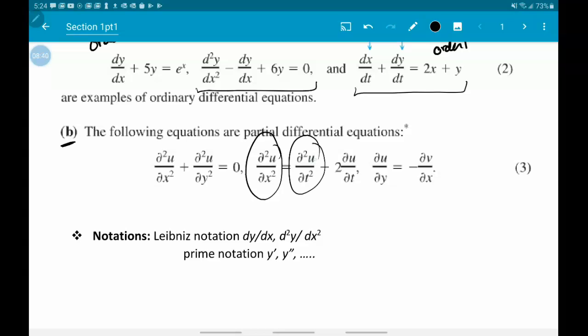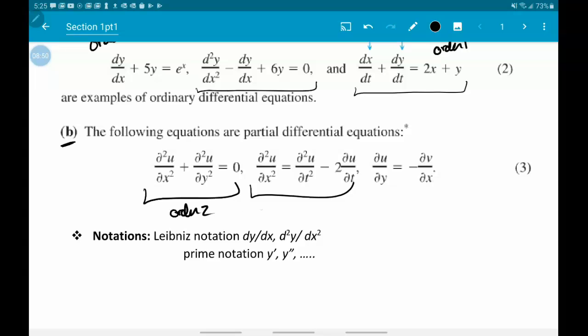And then a second partial of u with respect to t. And then the first partial of u with respect to t. Both of these would be called order 2. This would be an order 1 differential equation, but once again, these are partial differential equations.